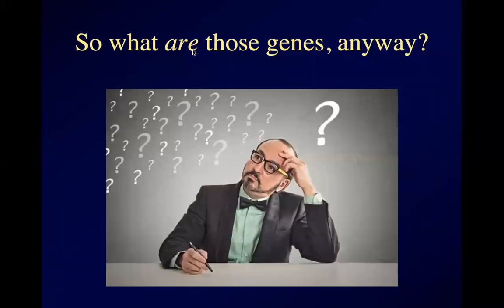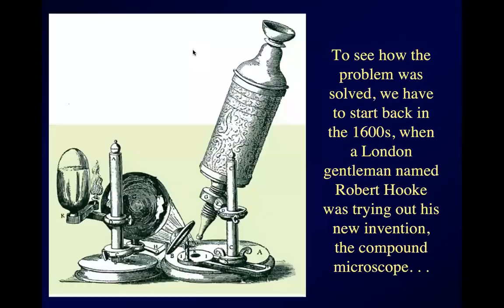So we've been shaking this black box, and we've established that there's these things called genes, and the question arises, what are those genes? What is inside this black box that we keep rattling around? We have to go back in time to the 1600s, to the work of a gentleman in London named Robert Hooke.